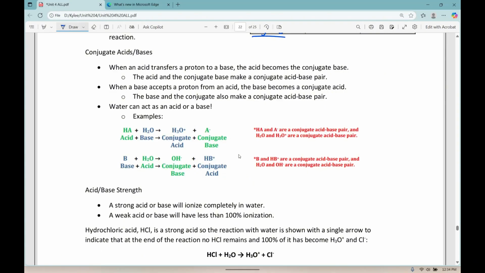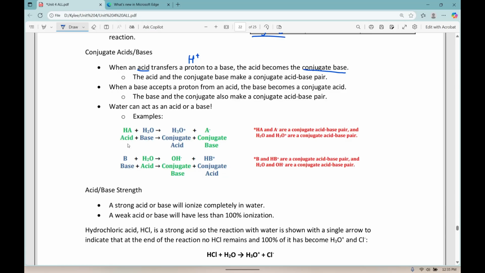So if we focus in on the Bronsted-Lowry definition of acids and bases, the acid is going to be the proton donor, and a proton is another way to say a hydrogen ion. Once that transfer happens, it becomes the conjugate base. So the acid becomes the conjugate base. And we can see that here in our example.